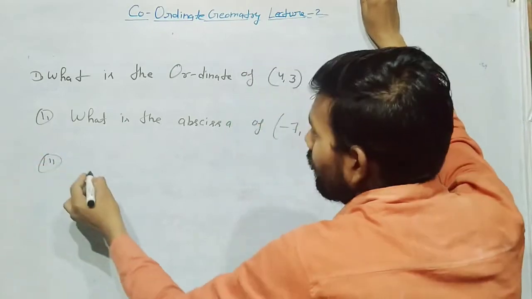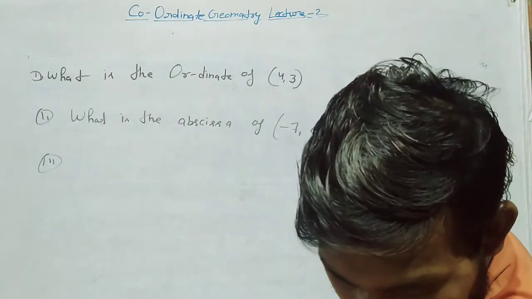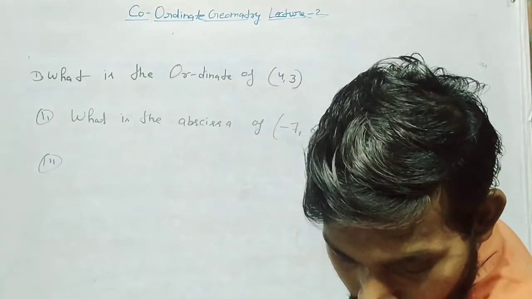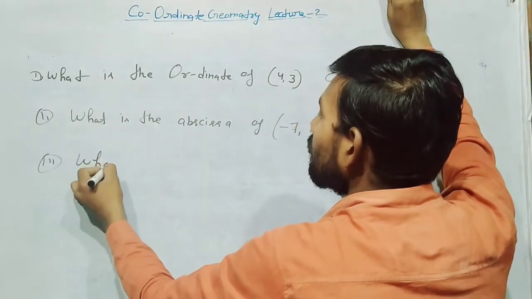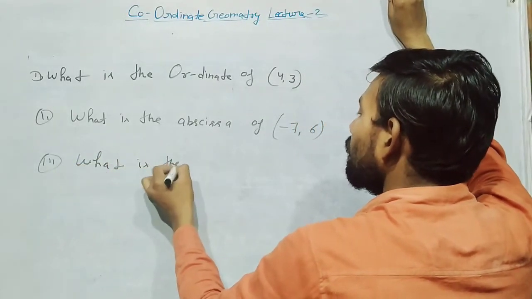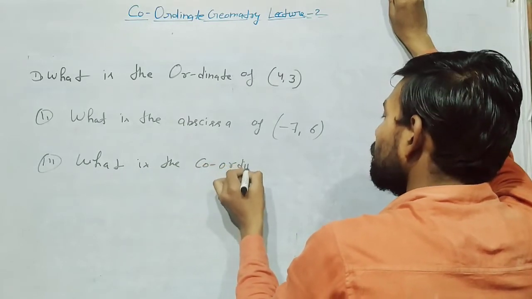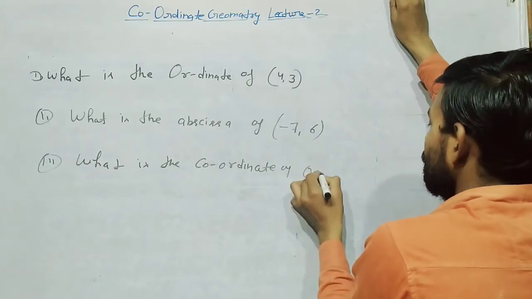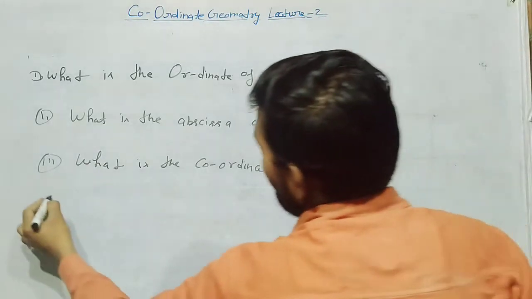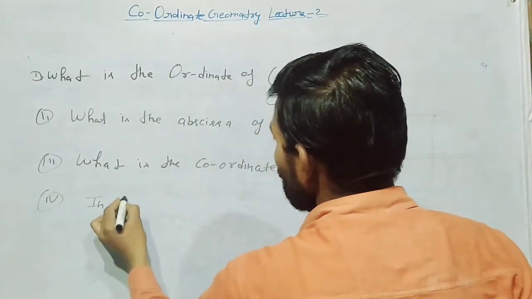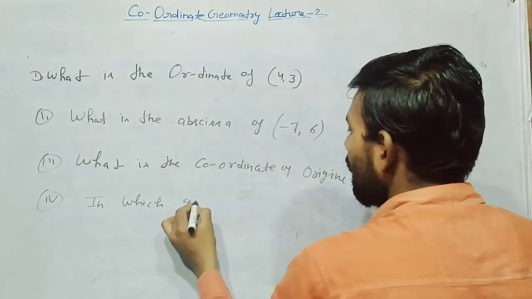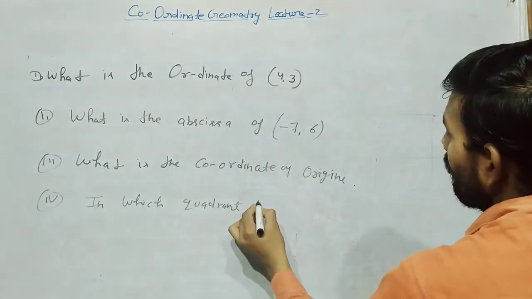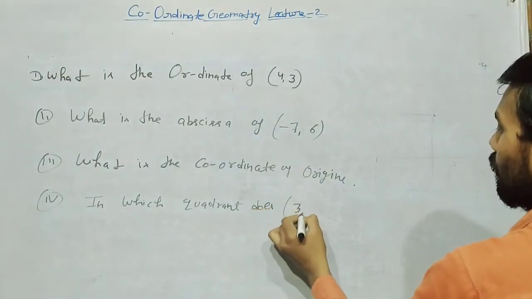Third one is, what is the coordinate of origin? And last, in which quadrant does 3, 0 lie?